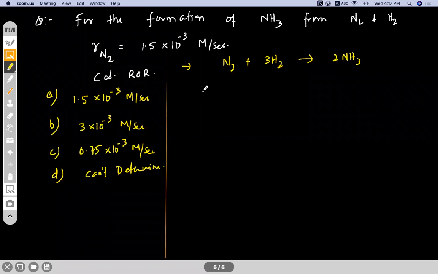So we can write the rate of N2 is equal to 1 by 3 of the rate of H2, which is equal to 1 by 2 of the rate of NH3, and this is equal to the rate of reaction.